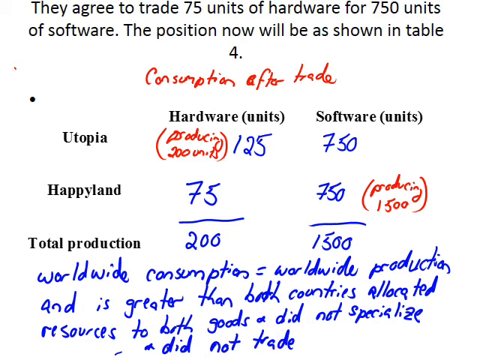I'm referring to the slide a couple of slides back where we looked at if they allocated half of their resources to the production of hardware and software and did no trade. We saw that the total production and consumption was lower than with specialization and trade.